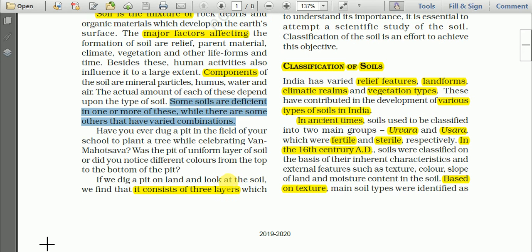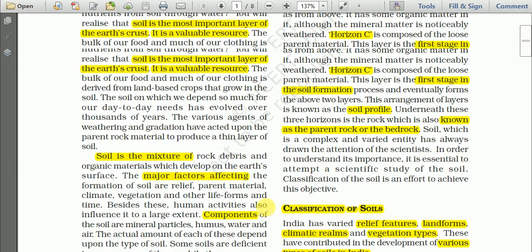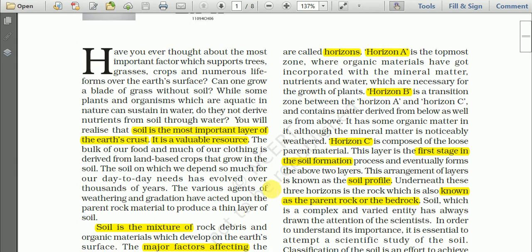And if we dig a pit on land and look at the soil, we find that it consists of these 3 layers. It consists of layers, maybe 3 or 4, which are known as horizons.